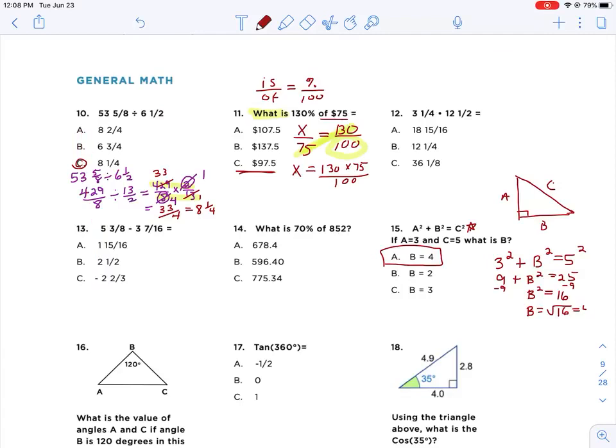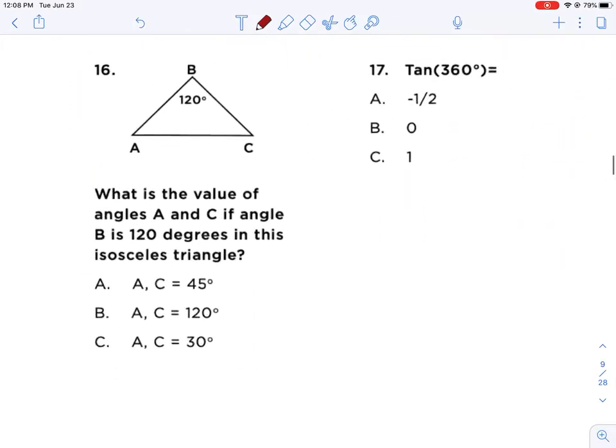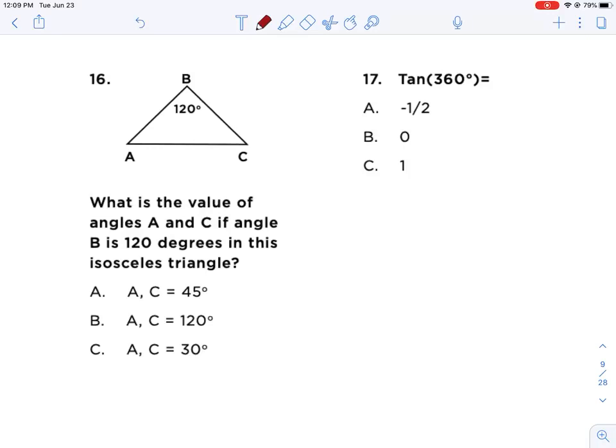Let's take a look at this one here. So some rules that you want to know is that the angles of a triangle will always add up to 180. Here it says, what is the value of angles A and C if angle B is 120? And the key here is isosceles.